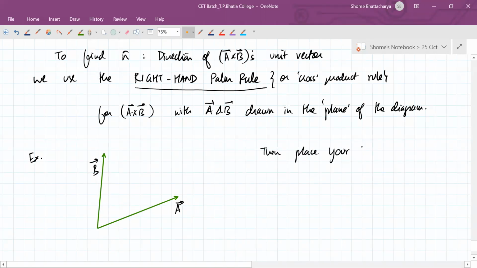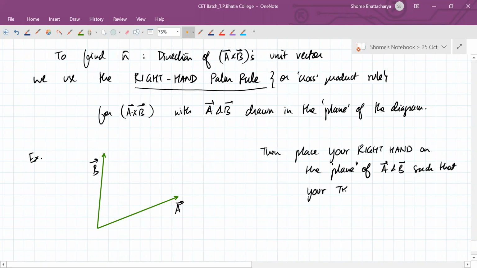place your right hand on the plane of A and B such that your thumb is along A and the four fingers are along B. Okay, so I'm drawing roughly how your palm would be placed.